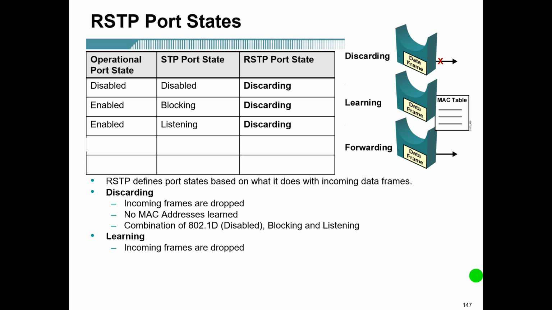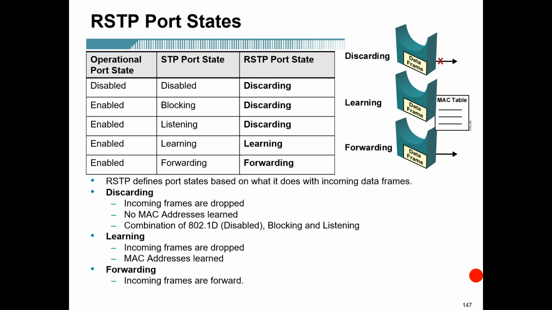While in the learning state, incoming frames are dropped, but MAC addresses are learned. So our operational state is enabled, our STP is learning, and our RSTP is learning. Lastly, forwarding. Incoming frames are forwarded, so we're going to get enabled for the operational state, and forwarding for both STP and RSTP states.